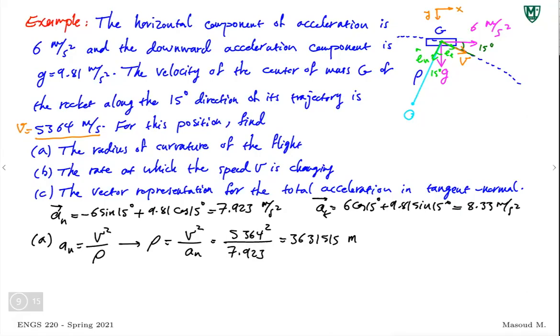So that's part A, the radius of curvature. Part B: the rate at which the speed v is changing. Basically, this is asking us to find dv/dt. Now, what is dv/dt? Sorry about moving between the slides. I just want to show you where we talked about this.